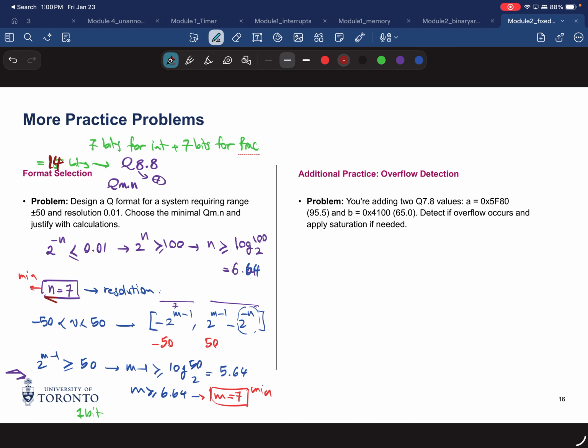The standards we have are 8 bits for the fraction and 8 bits for the integer. So we're adding that extra bit just to be safe. Okay. Minimum you need 14 bits, but the standard form is 16, and the closest you have is Q8.8.